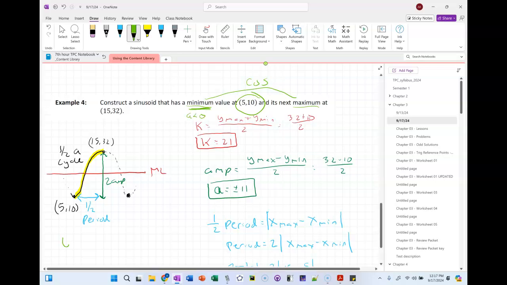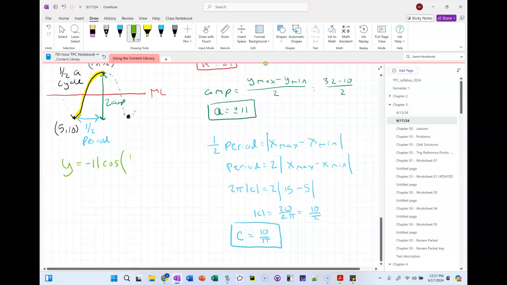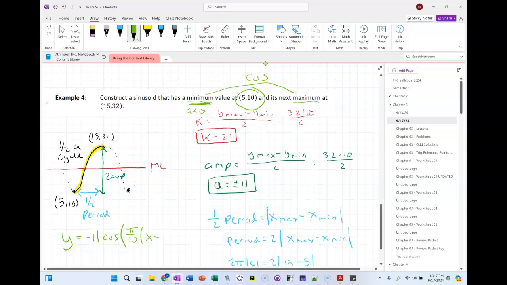Now we have everything we need. So y equals negative 11 cosine of the reciprocal of c, so pi over 10, x minus h. Oh, the h is that 5. Forgot to say that. And then plus k.